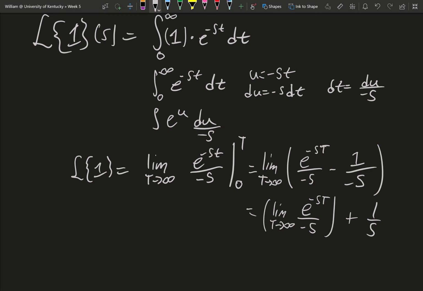Well, what happens to this integral? If s is positive, then this goes to 0.